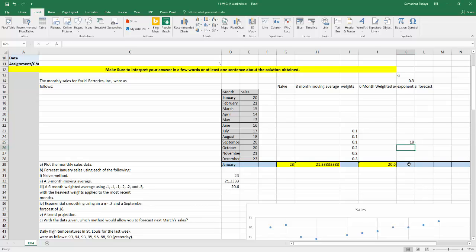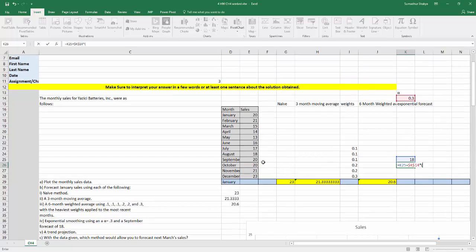Okay, so which means starting October we can make the new forecast using exponential smoothing, which is equal to the previous forecast plus alpha. I'm going to freeze it, hit F4, times parenthesis.